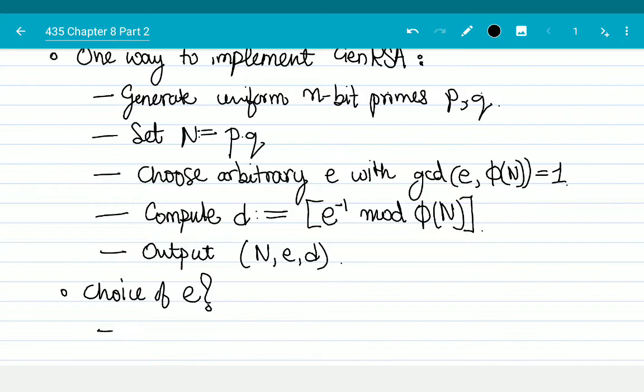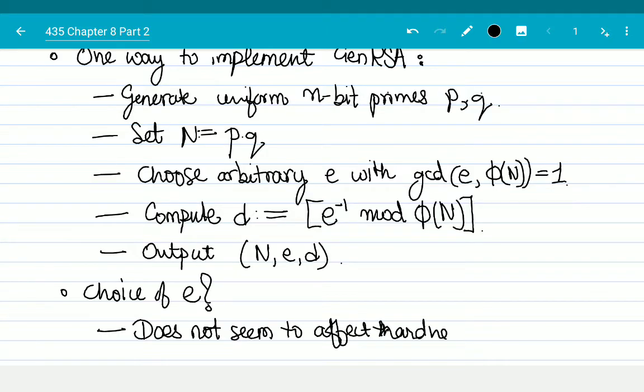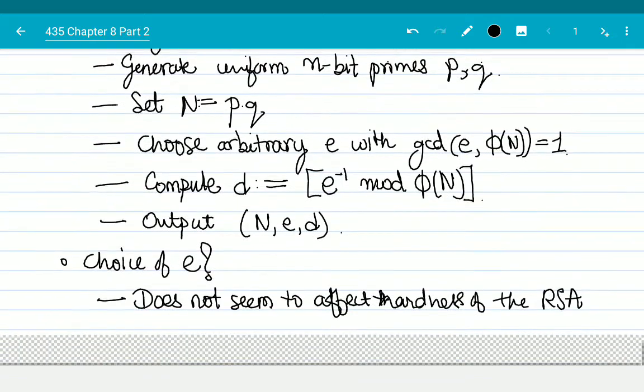As it turns out, it does not seem to affect the hardness of the RSA problem.